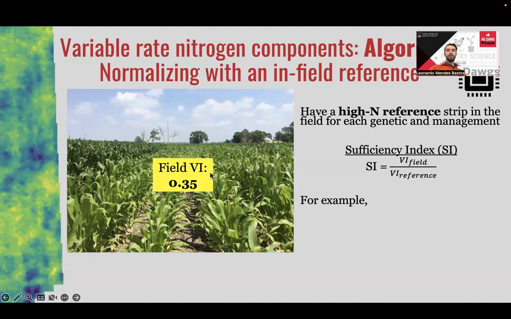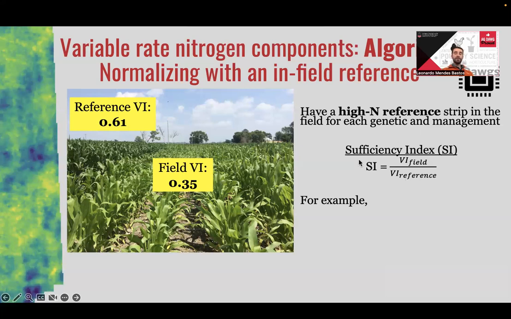So in this case here, VI could be any VI. It doesn't have to be NDVI. It's just vegetation index. Let's say in this example here, for this strip that I do want to apply variable rate nitrogen, I go there and I measure some vegetation index, whatever it is, and it comes back as 0.35. I go and measure the same for my high nitrogen reference strip, and it's 0.61.